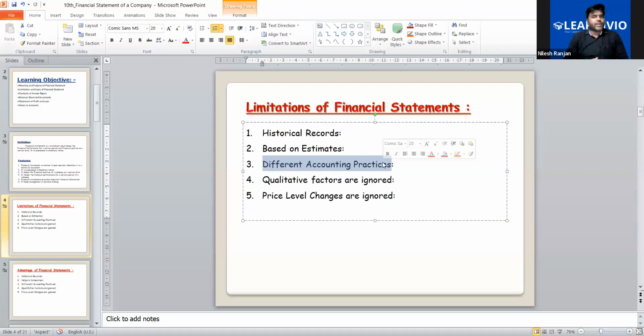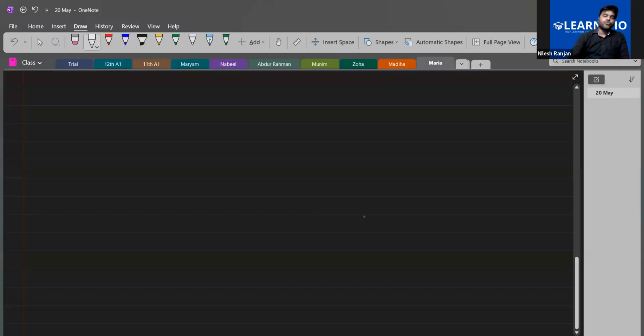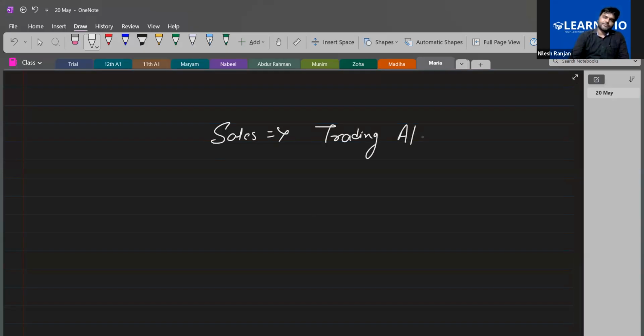The last one is price level changes are ignored. Now, you have recorded sales or purchases in the trading account. Yes or no?